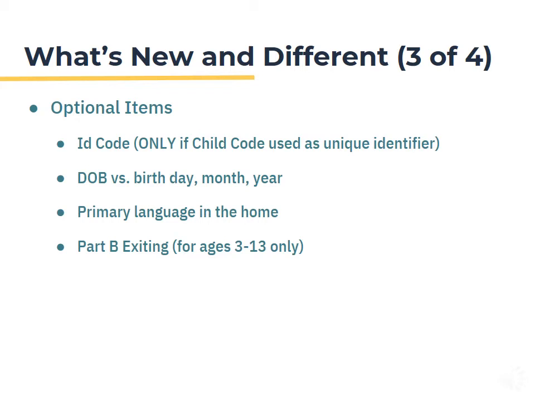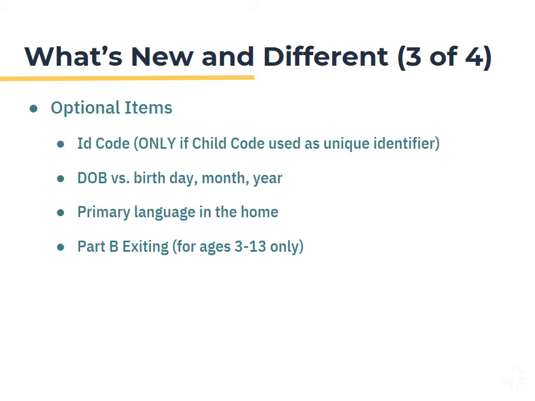Some states already have it in their system as a date field where birth date goes in, and are actually having to separate it out into 3 separate fields to report it to us. And it's not necessary to separate it out into 3 fields. So if you don't want to have those extra 3 fields, you can report it to us in that date field, and we'll take it that way. If you do already have it in those 3 fields and you want to leave it separated out and report it that way, we'll take it that way as well. You do not have to report it both ways.